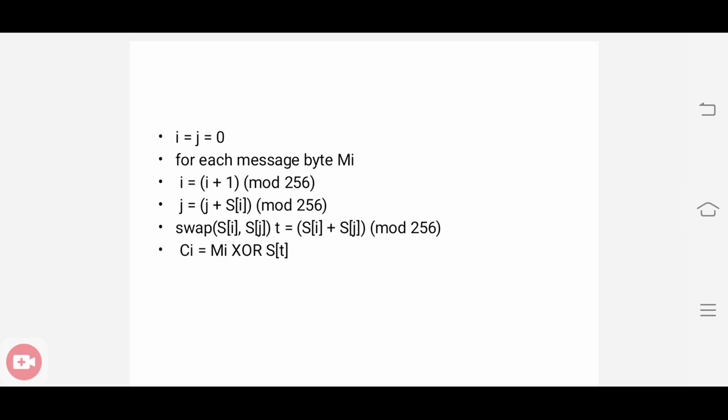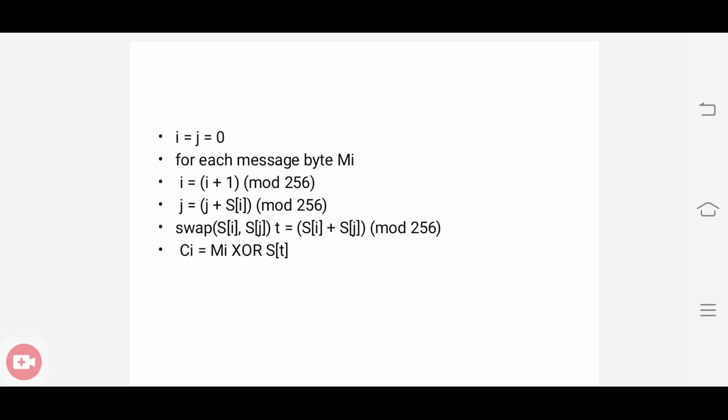Then we take one byte of the plain text or message, m_i. Then we use two equations: i = (i + 1) mod 256 and j = (j + S[i]) mod 256. By using these equations we get the i and j values for the first iteration. Then swap S[i] and S[j].